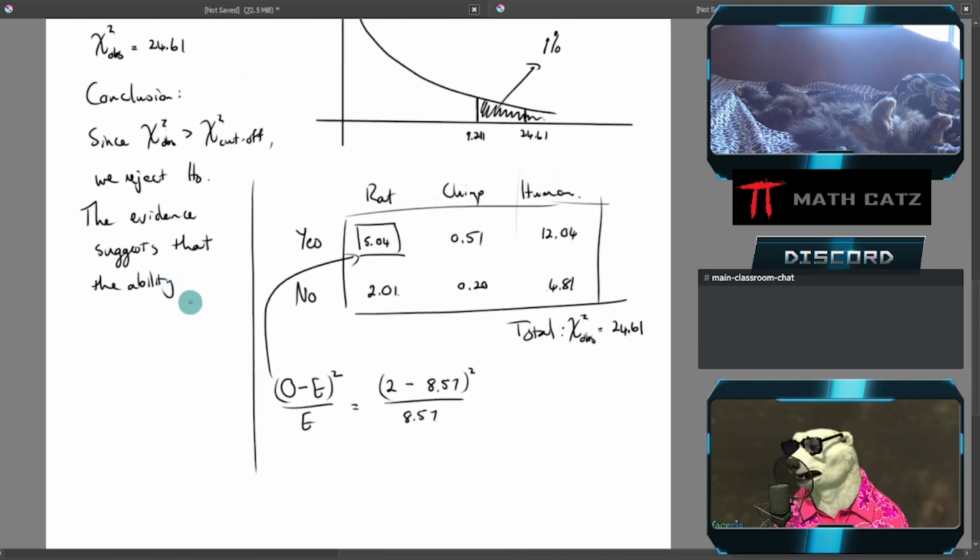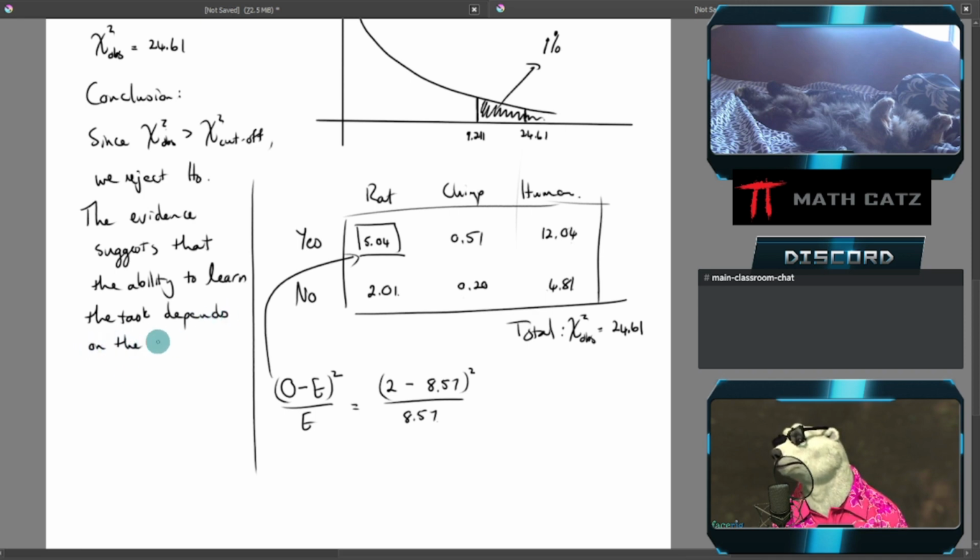But how much is enough, right? That's the whole point of the hypothesis test. So the evidence suggests that the ability to learn the task, let's say here, depends on the species, let's say type.